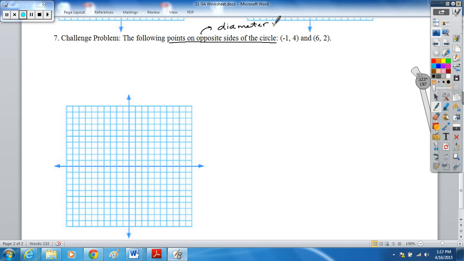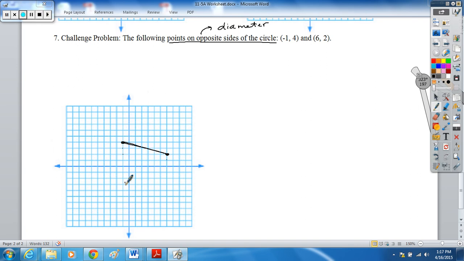Okay? So basically, we have this point at negative 1, 4, and we have one at 6, 2. Now, between these 2 points, this is the diameter. And so what are we missing?